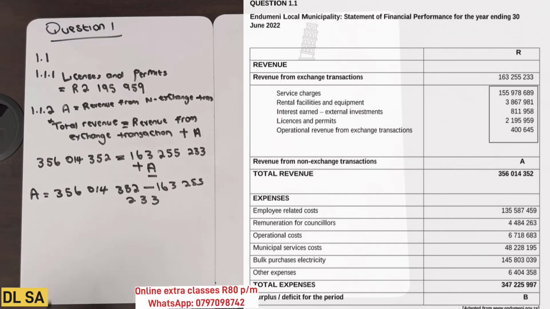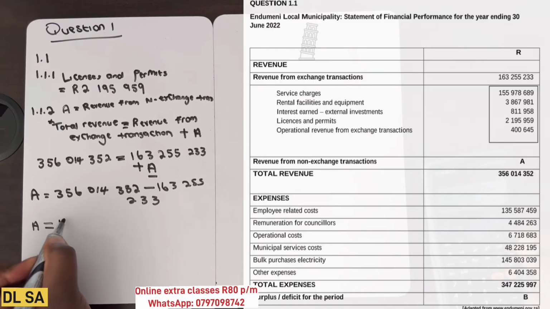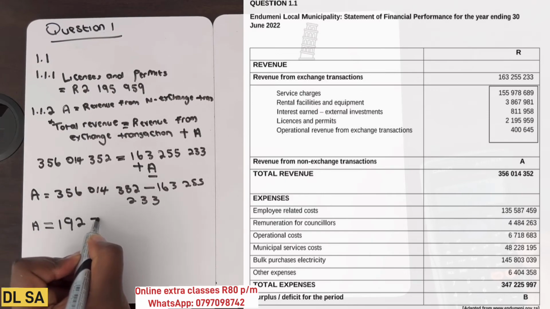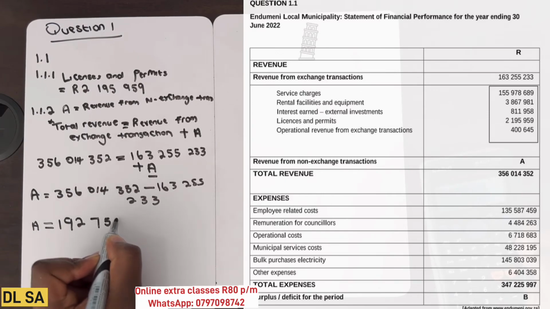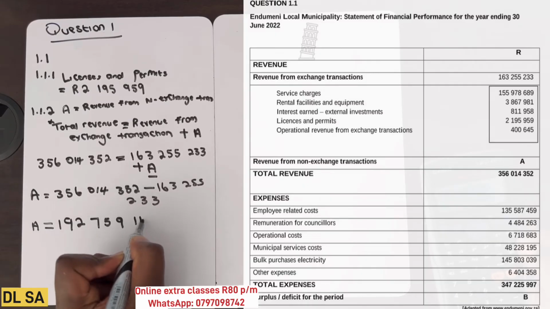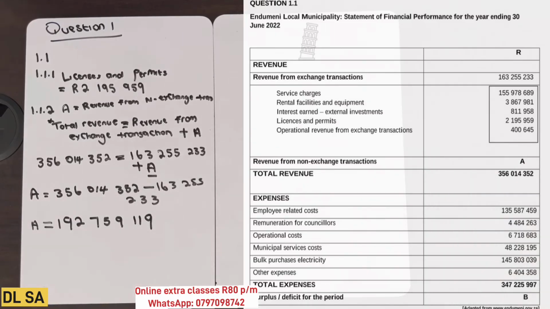Now let's plug that into our calculator: 356,014,352 minus 163,255,233, and the value of A is equal to 192,759,119.